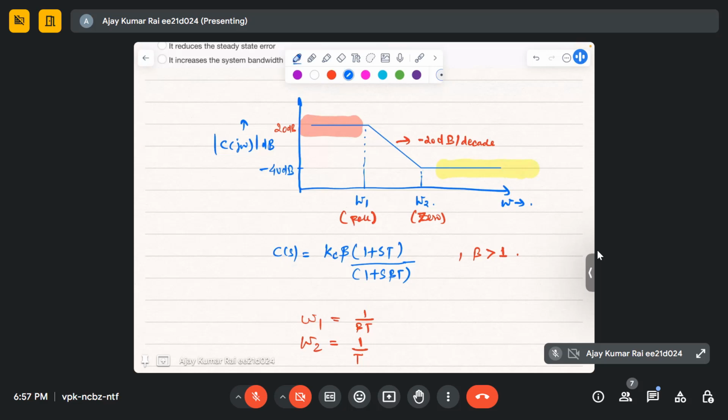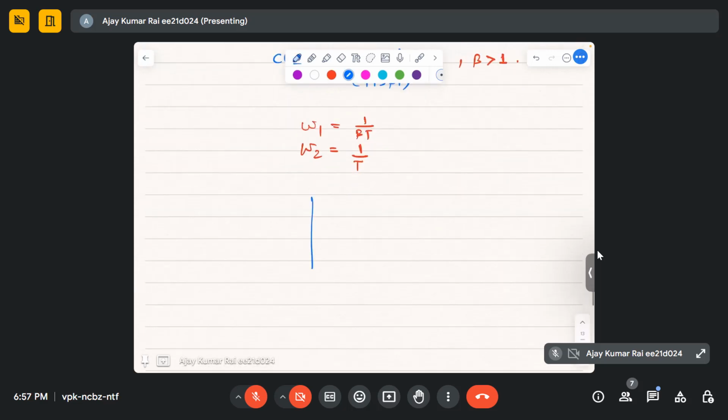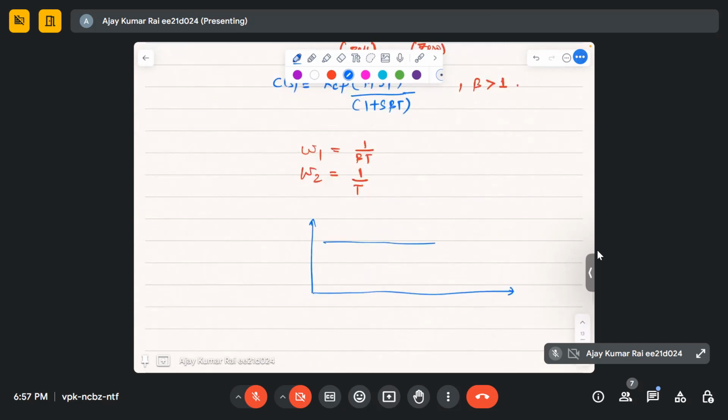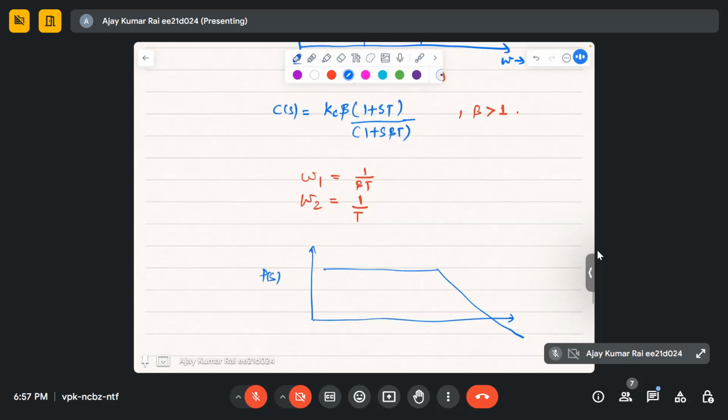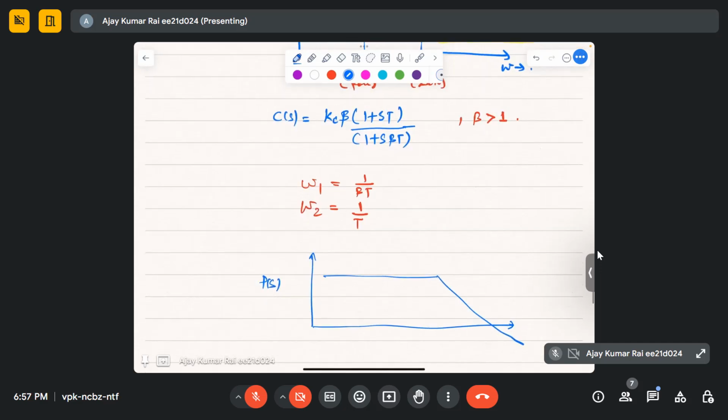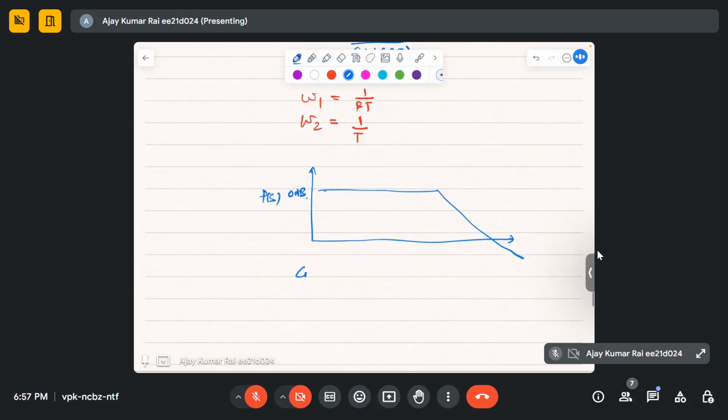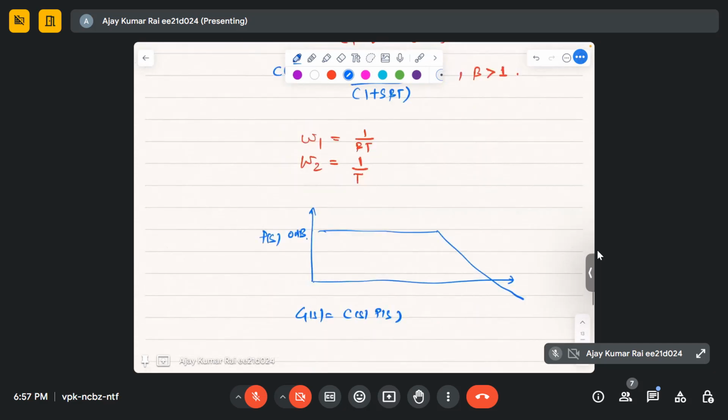The plant transfer function is not given, so let's suppose we have some plant transfer function P(s). Let's assume it has 0 dB at low frequency. Because you know G(s) is C(s) into P(s), and this is in dB.